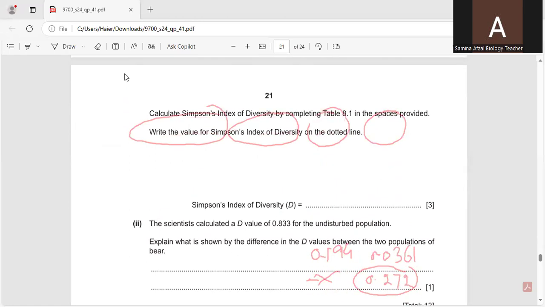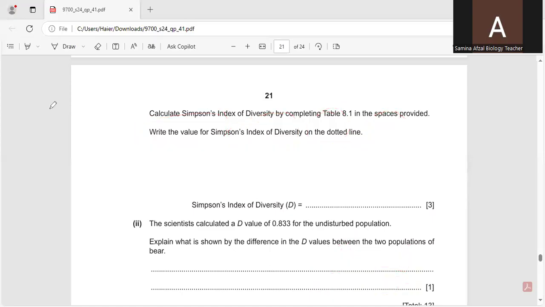Now the next question is to complete the table and find the Simpson's index of diversity on the dotted line.